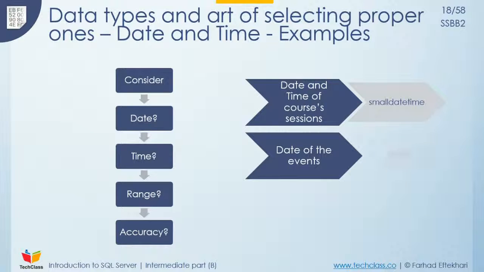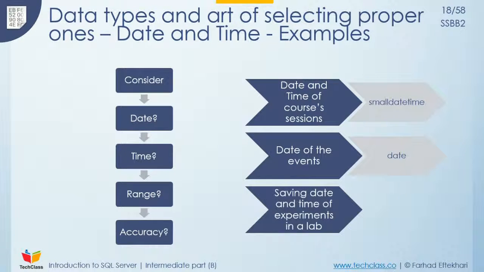Date of the events: here we are only storing date parts, not times. Saving date and time of an experiment in the lab, as I already explained: datetime2 would be enough for us, because as we discussed, the accuracy is 100 nanoseconds.